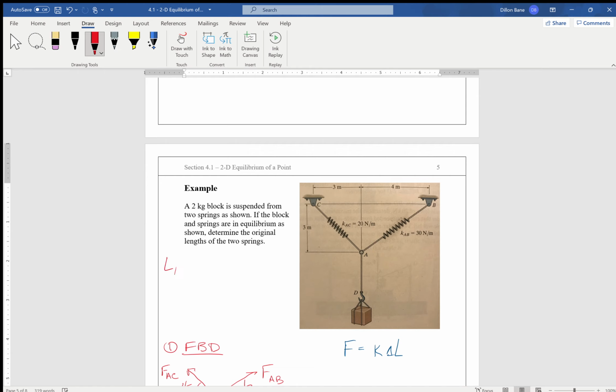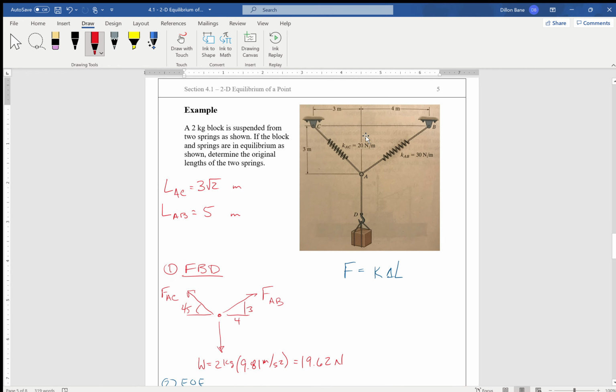So the length of AC in the final position is 3 times the square root of 2, and the length of AB in the final position is 5. That is the length of these springs in the final position.